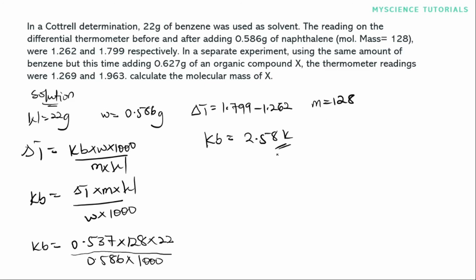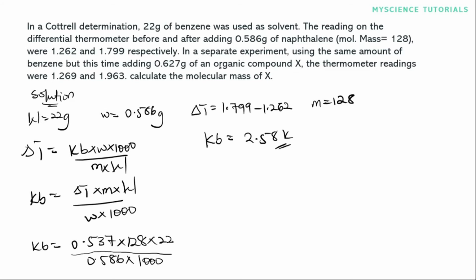Now that we have the value of Kb, we use it to find the molar mass of the organic compound X from the second experiment. So let's list down the parameters in the second experiment.